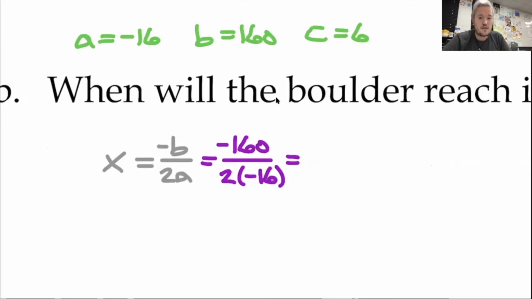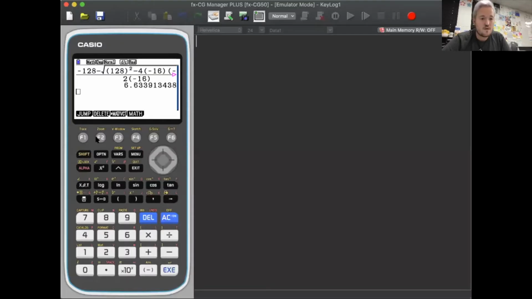So when you plug this in, let's go ahead and do it on the Casio. All right, so we have negative 160 all over 2 times negative 16. That's going to give us 5.